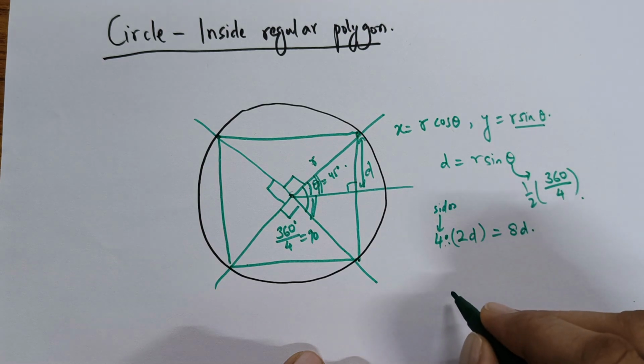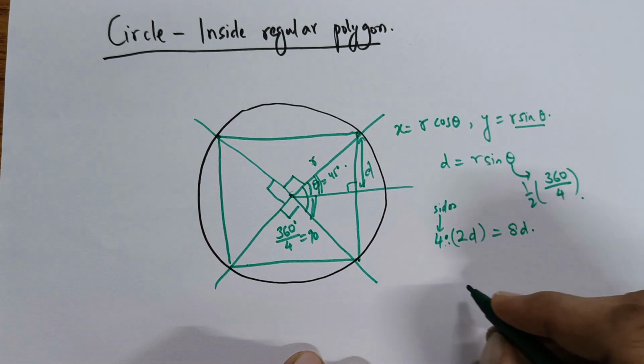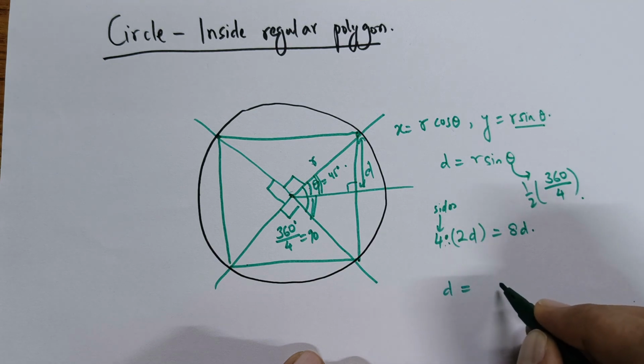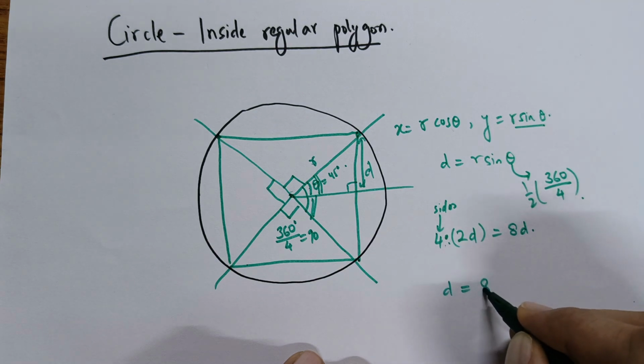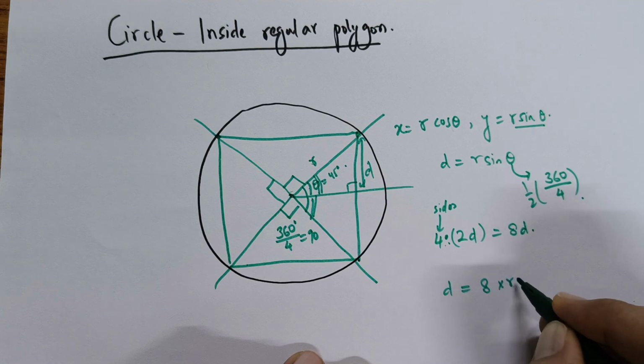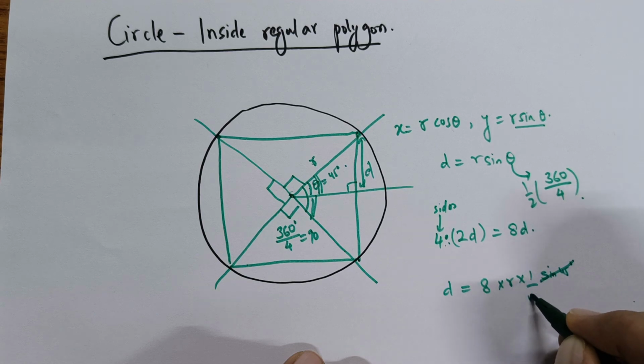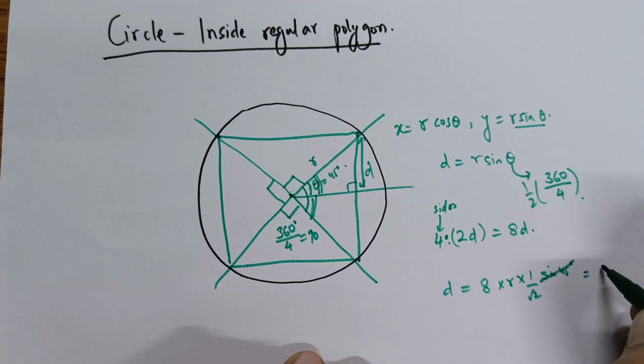So in case of 4 sides, the same distance d will be equal to 8 times r times sine of 45 degrees, which is basically 1 over root 2. So this is 4 root 2 times r.